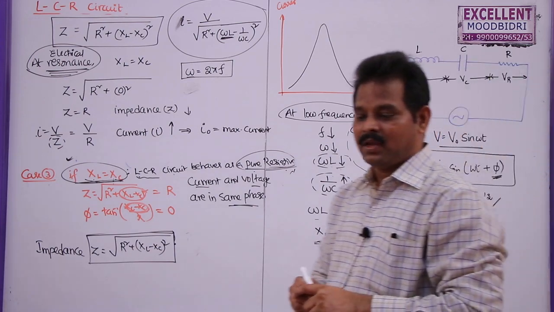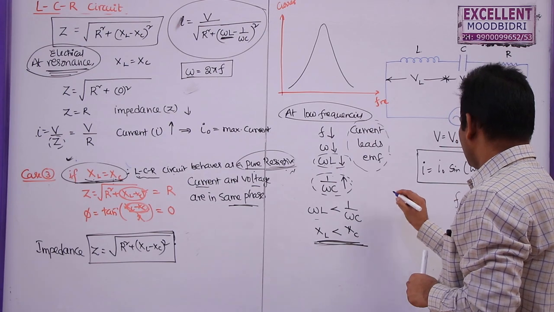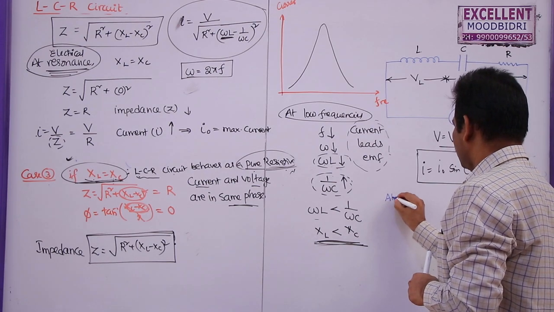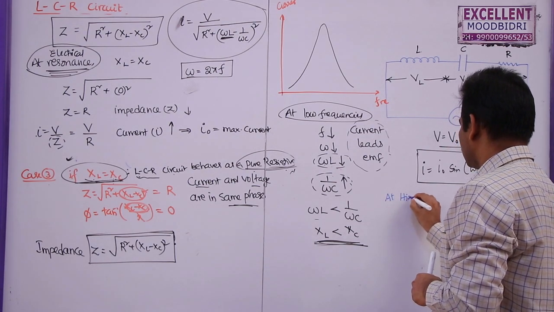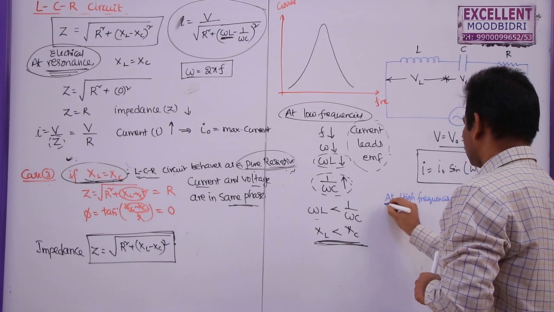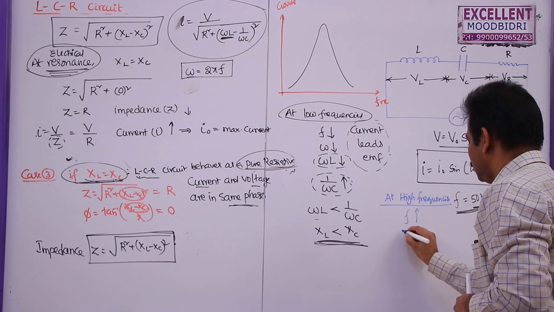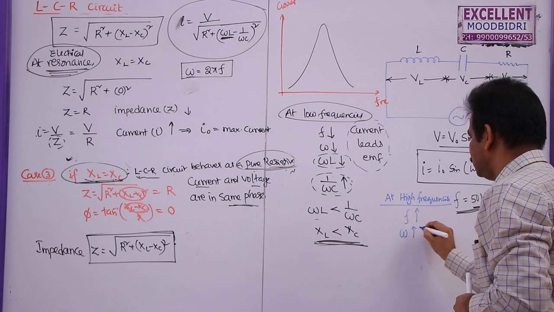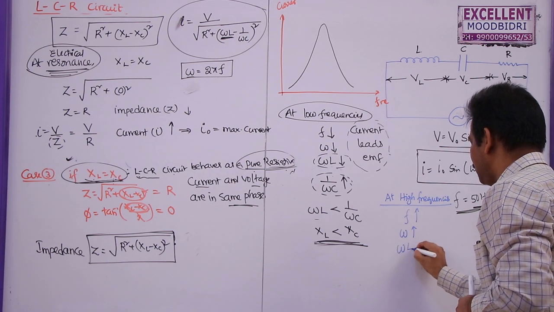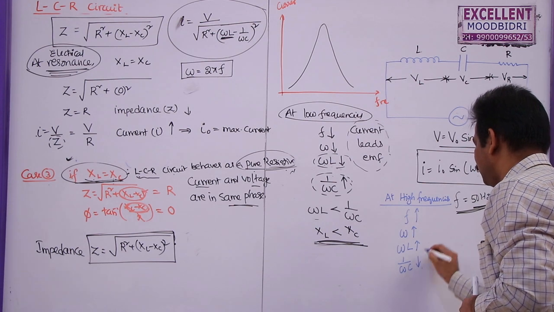What about at high frequencies? If the frequency is greater than a particular value, I am going to write at high frequencies, now when the frequency is more, the angular velocity is more, omega L is greater here, 1 by omega C will be less.